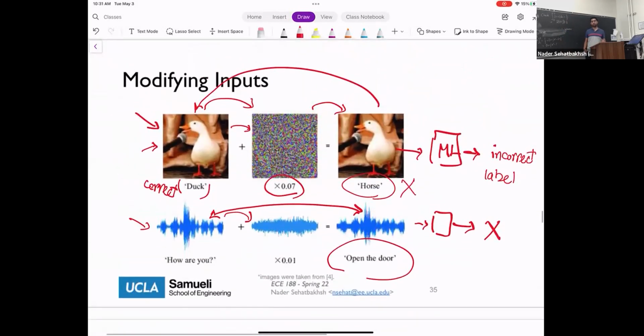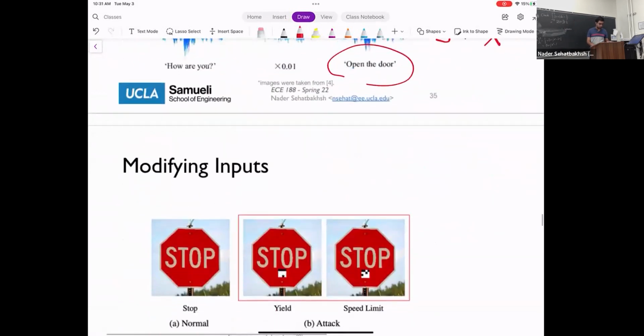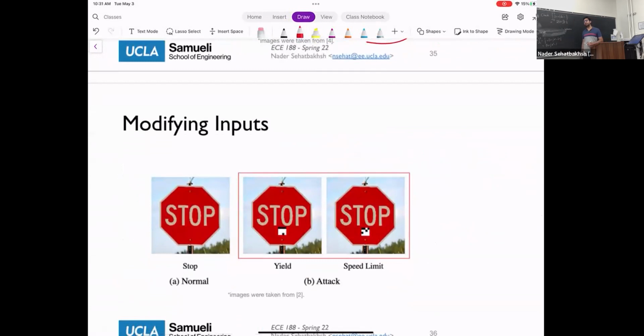These are usually called digital evasion attacks, because we are changing the digital representation. An alternative is physical attacks, where we actually change the physical domain, and that eventually results in an incorrect label decision.